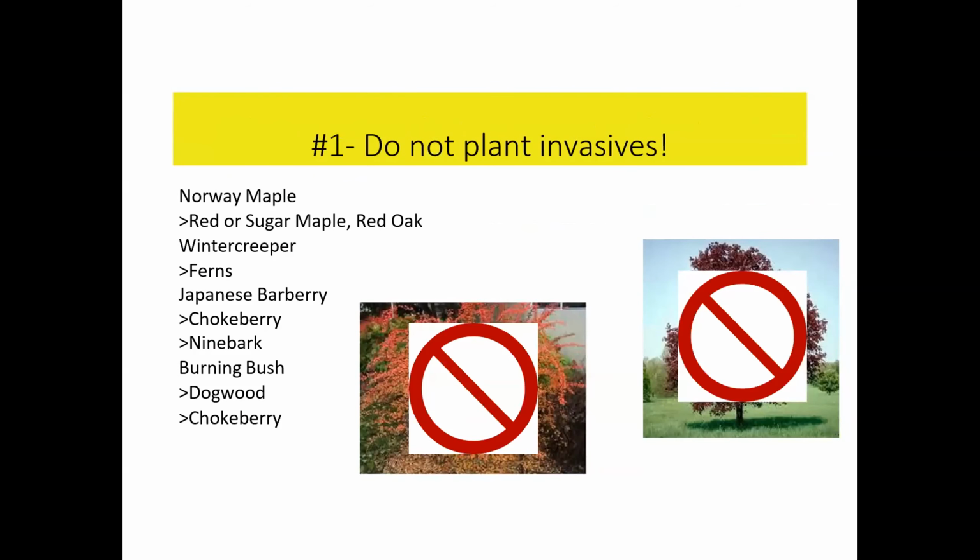The number one thing, and this is supposed to be animated so you could see these slides, but in the picture on the right, that is a Norway maple. And Norway maple is an invasive species. It is regulated now. You can no longer buy it.